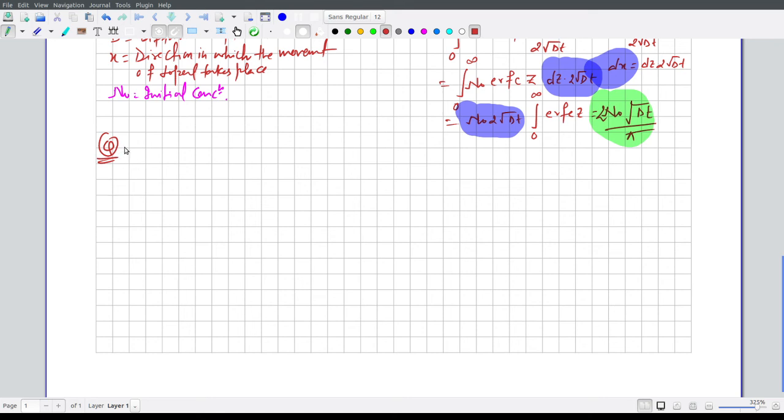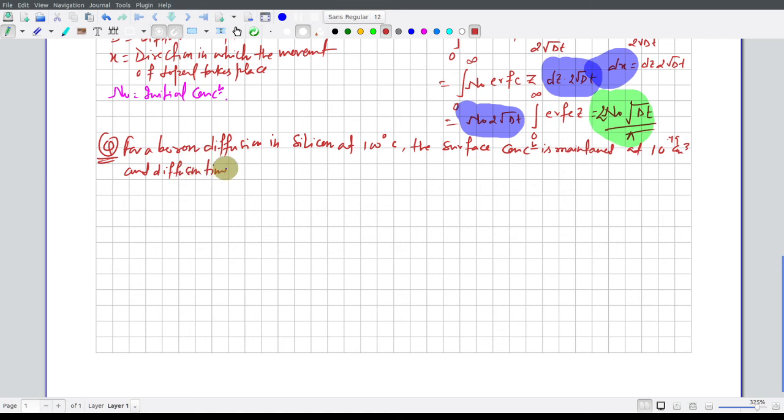So the question is, for a boron diffusion in silicon at 1000 degrees centigrade, the surface concentration is maintained at 10 to the power 19 per centimeter cube, and the diffusion time is 1 hour.